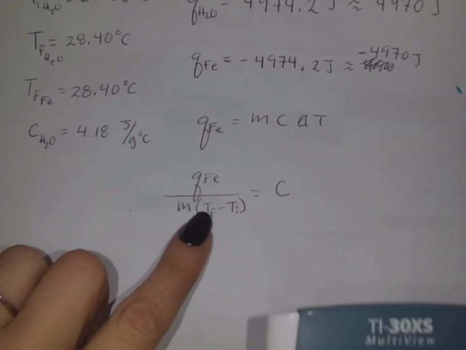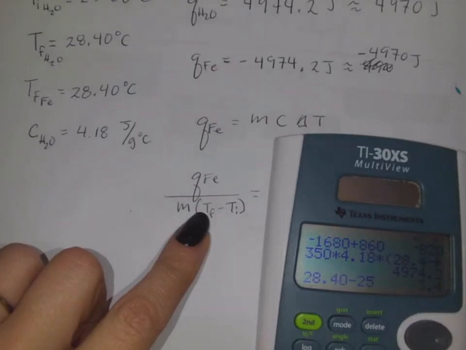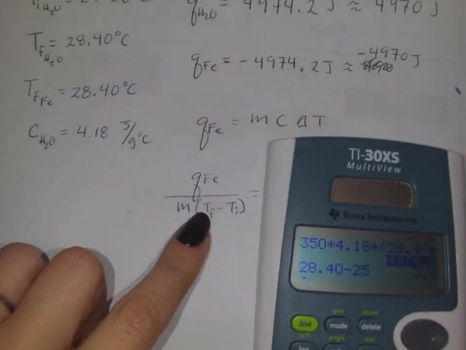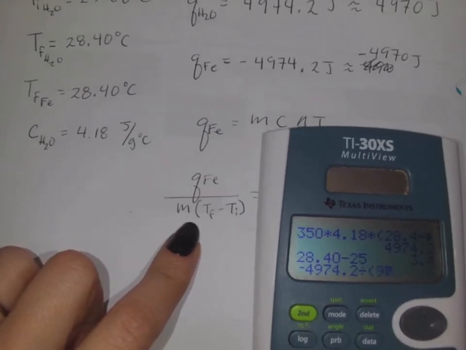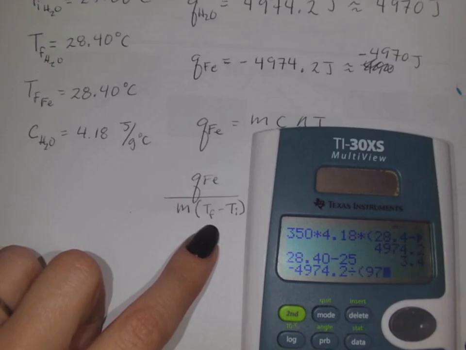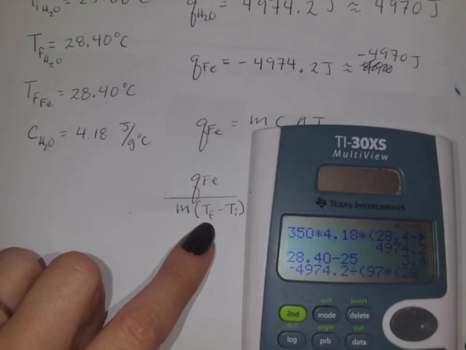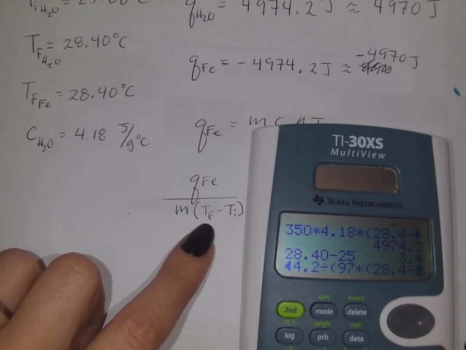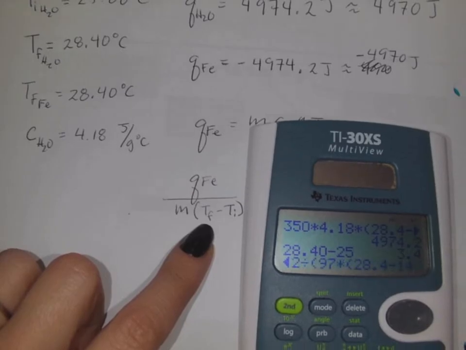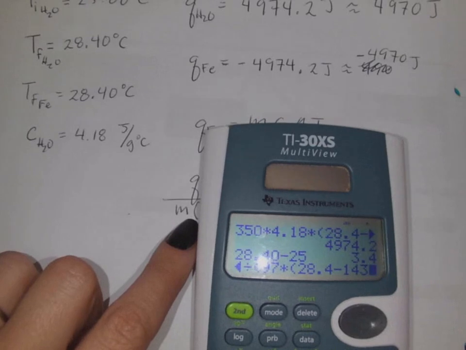Okay, so negative of this number divided by parentheses the mass of the iron, which was 97 grams, times the temperature final for the iron, 28.4, minus temperature initial of the iron, 143.